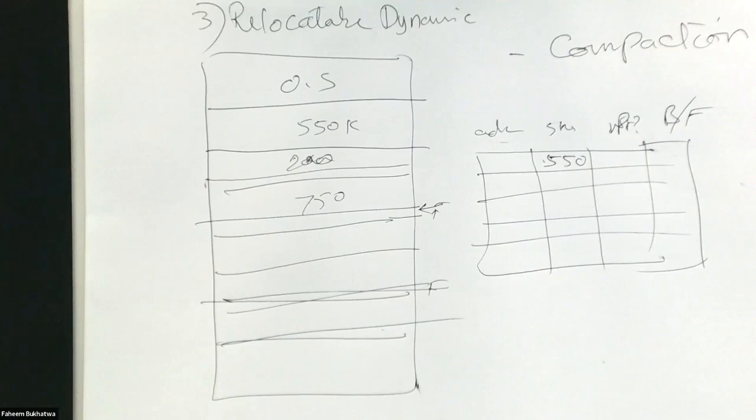So it's a way of claiming back the lost fragments of memory. That's why they call this relocatable. That means every now and again, you call the compaction function. The compaction will relocate all these programs. It will move them in memory. If this was, for example, here at location 10,000, we're going to move it up to location 2,000.